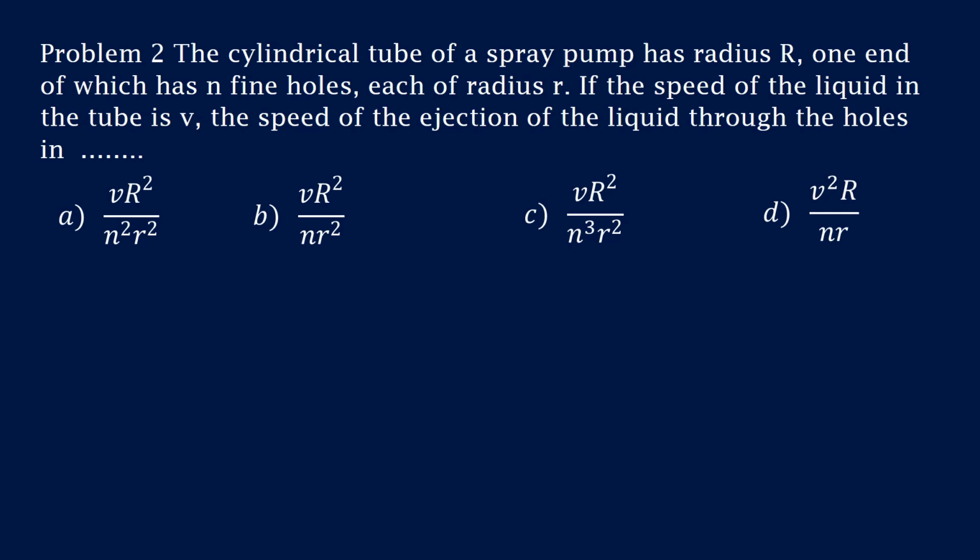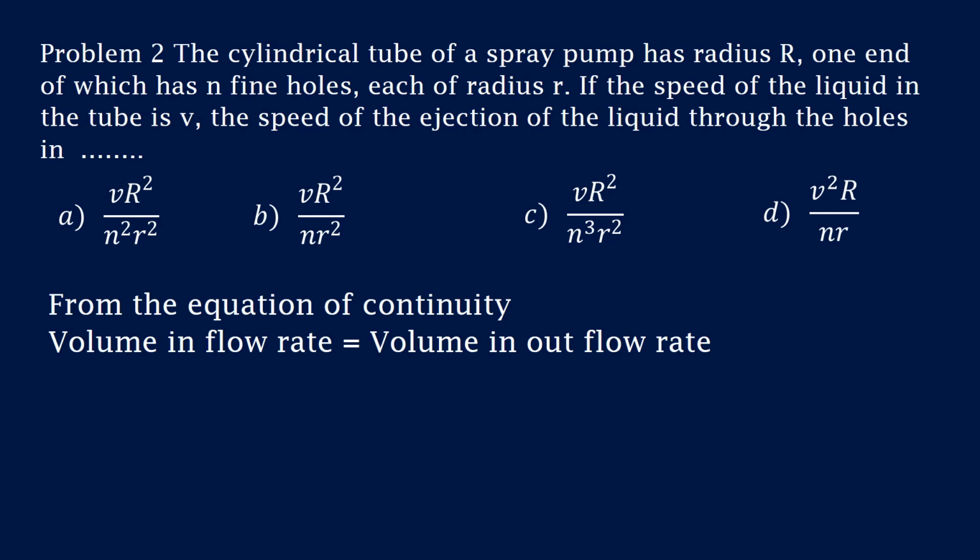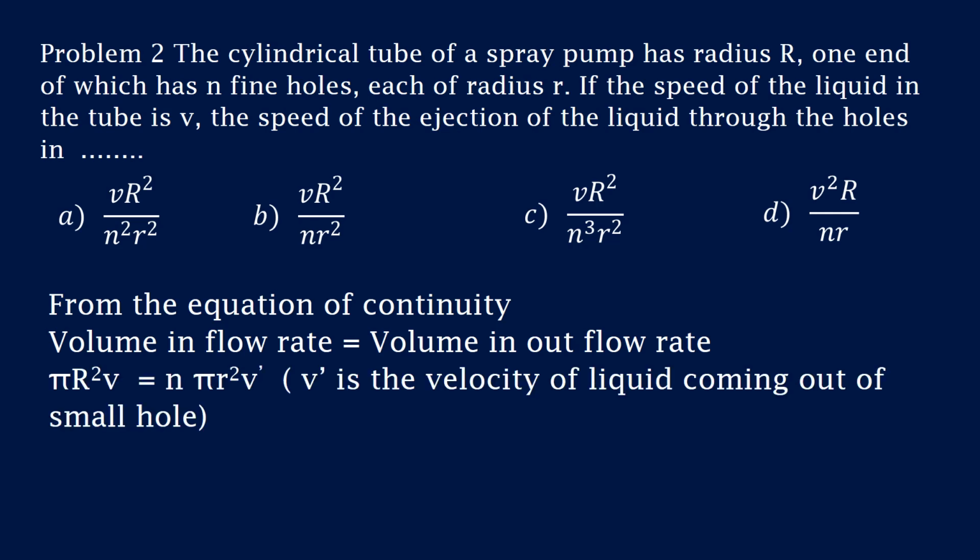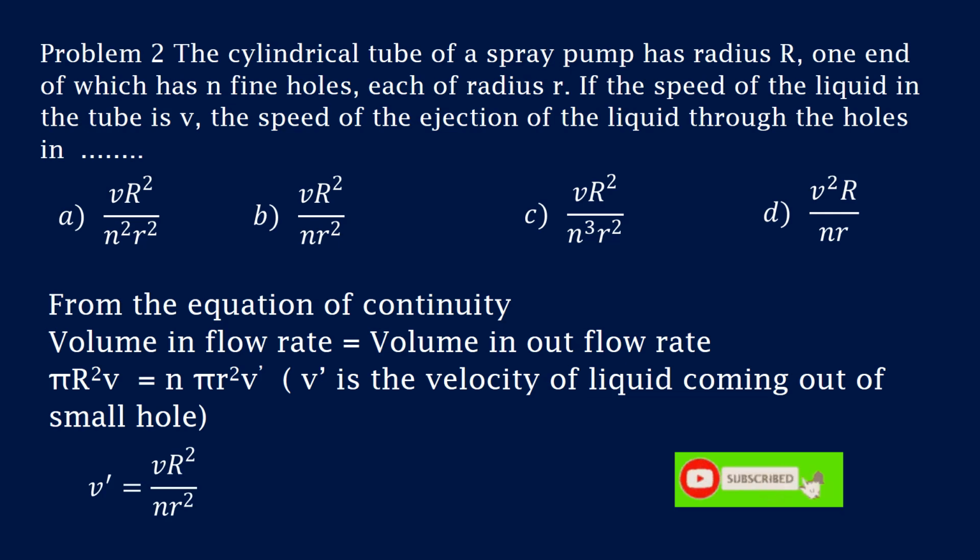From the equation of continuity, the volume inflow rate is equal to the volume outflow rate. Therefore, pi R square into V is equal to N pi small r square into V dash. Here, V dash is the velocity of the liquid coming out through the small holes. Simplifying, we get V dash is equal to R square V divided by N r square.